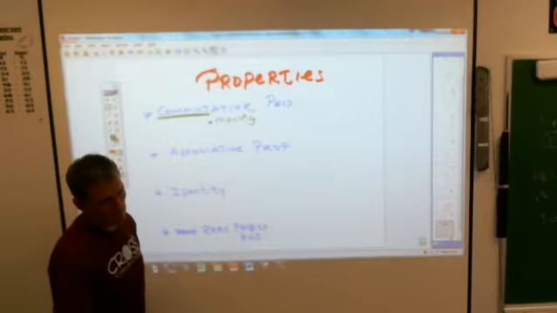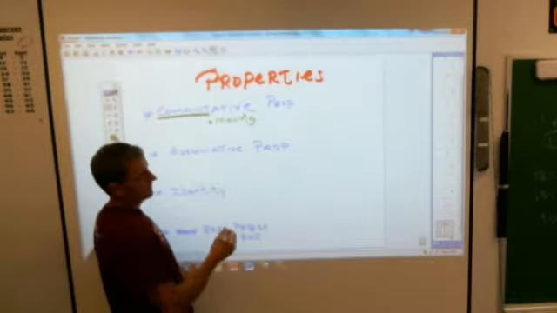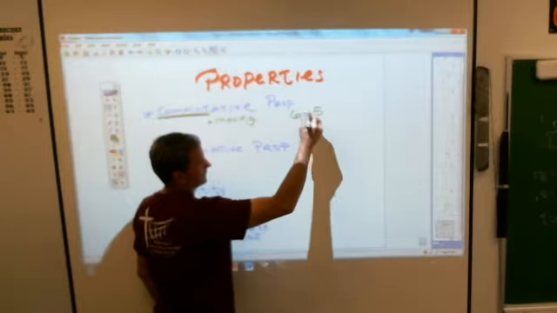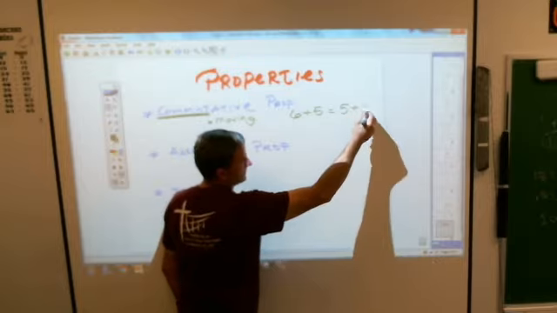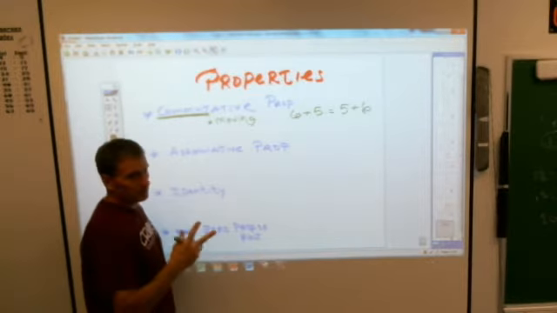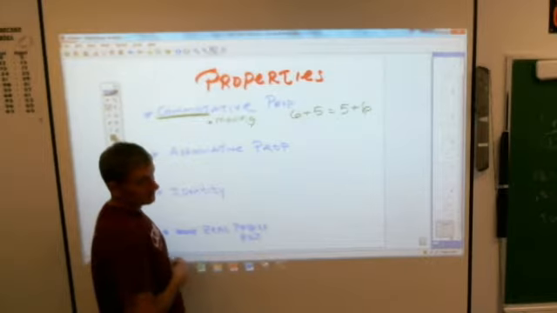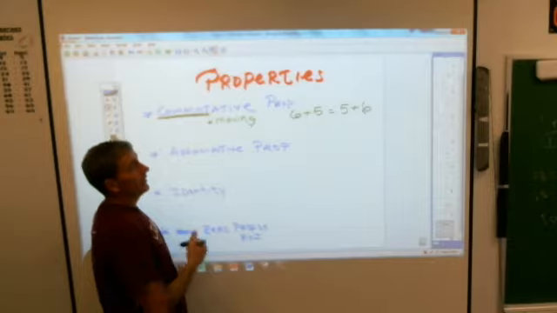It means this. If you take 6 plus 5, that is the same thing as 5 plus 6. The numbers have flip-flopped places, they have moved. And 11 does equal 11, that's true.